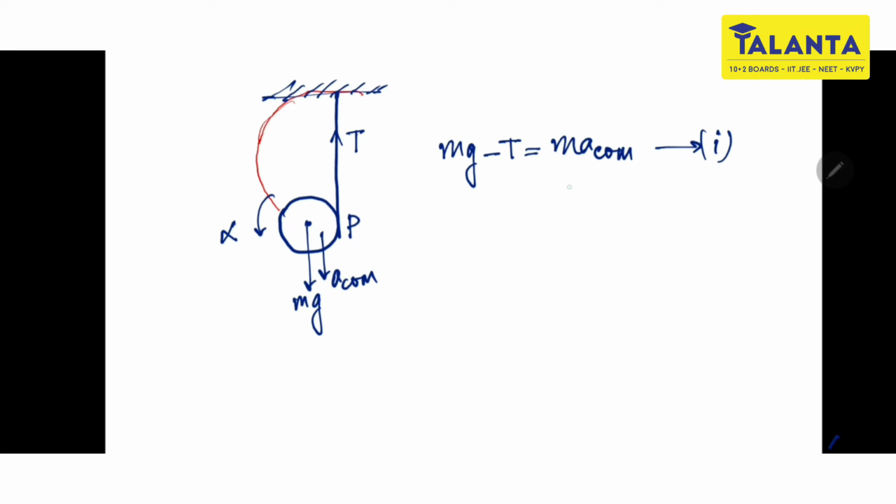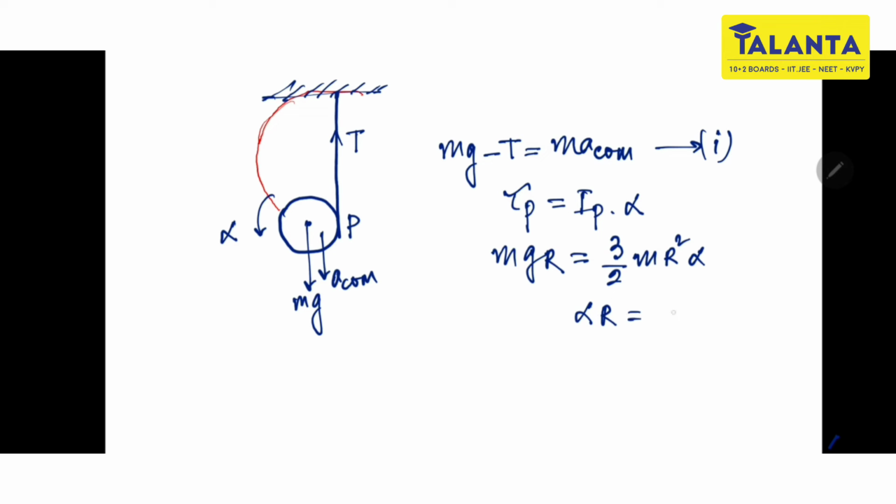Now for rotational mechanics, we prefer the point of contact P, which is on the straight string. Since the torque of the tension would be 0, we get alpha in one equation directly: tau equals I into alpha. That means mgr equals 3 by 2 mr square into alpha, so alpha into r equals 2 by 3 g.